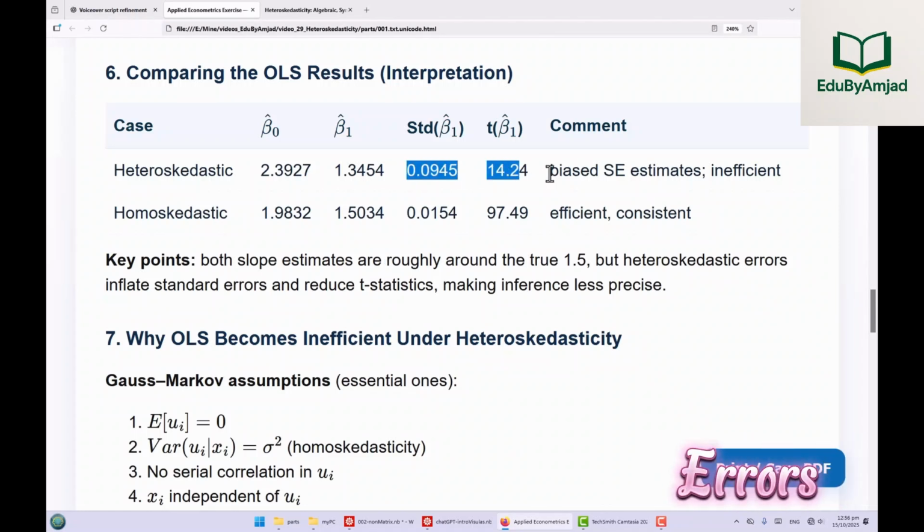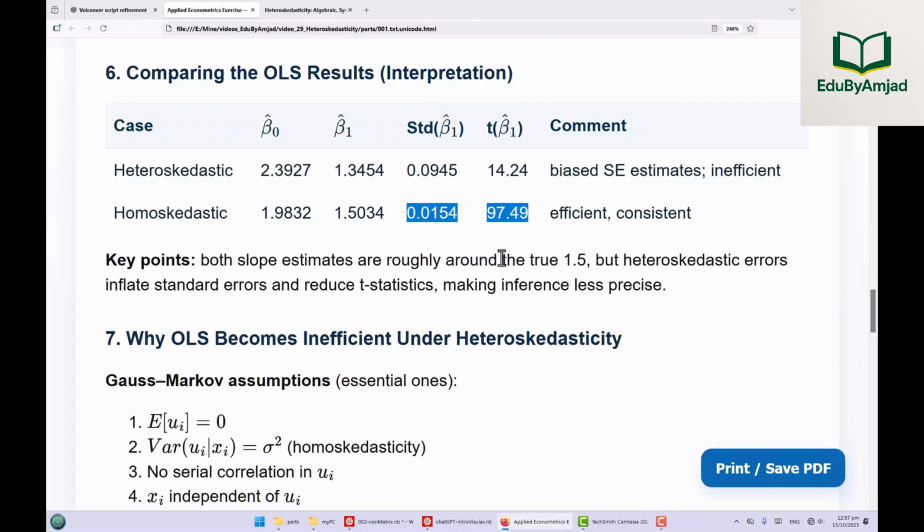The standard errors, and therefore the t-statistics, are quite different. 0.09 versus 0.02. And 14 versus 97. That is, heteroskedastic errors inflate the standard errors and reduce the t-statistics, making inference less precise.